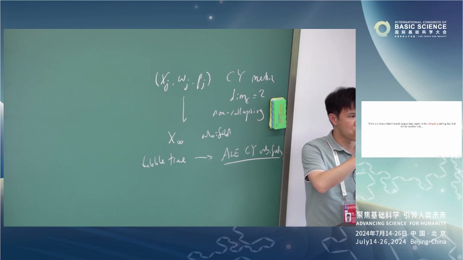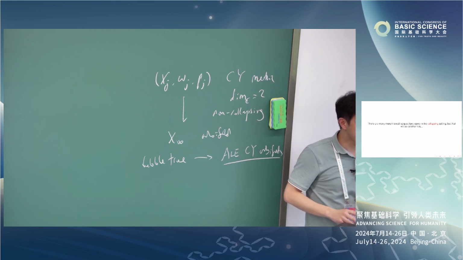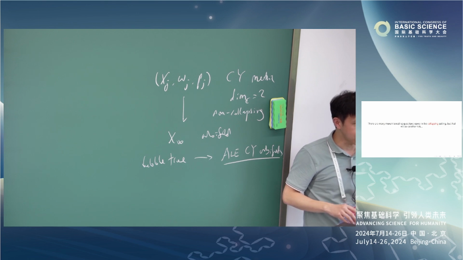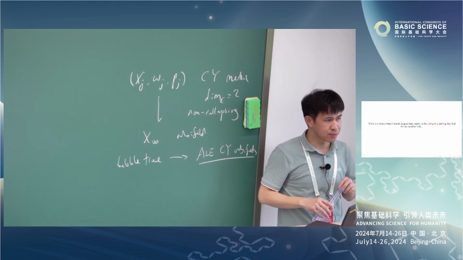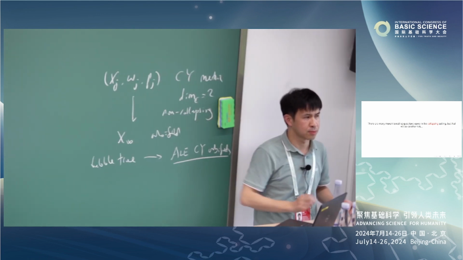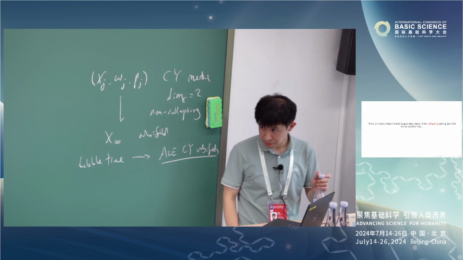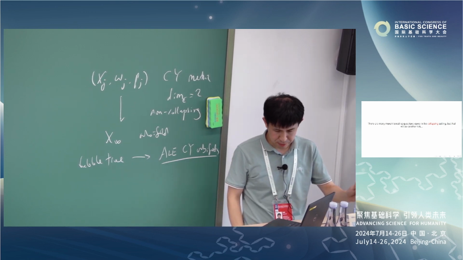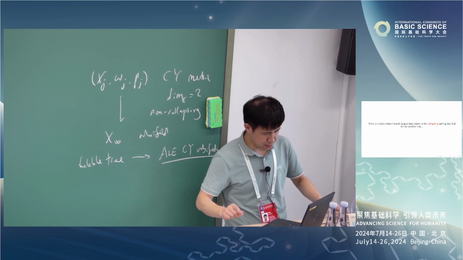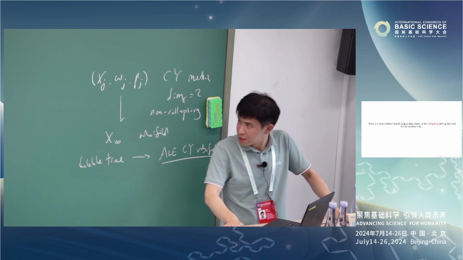I have a simple question. For instance, on C^n, is it possible to formulate some algebraic or topological conditions under which the Kahler-Einstein metric is unique? Yes, that's a good question.